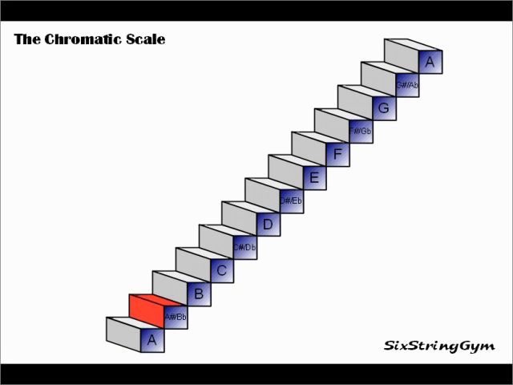A sharp, B flat, B, C, C sharp, D flat, D, D sharp, E flat, E, F, F sharp, G flat, G, G sharp, A flat, and back to A again. These steps are what are called intervals, and it just means the musical distance between one note and another.